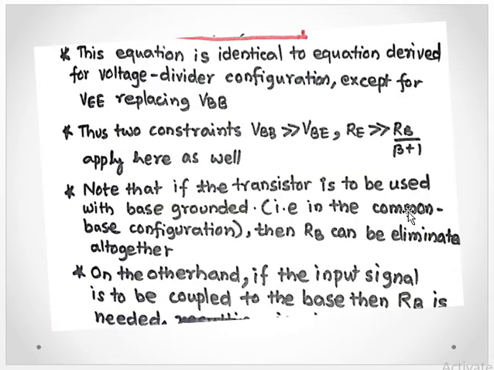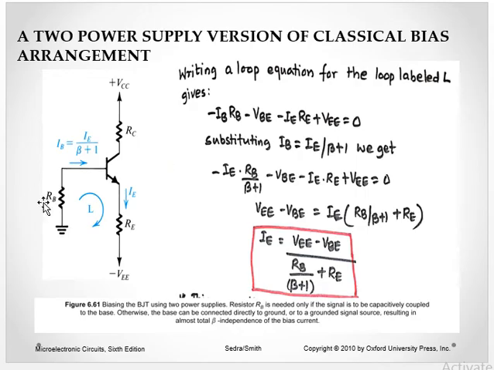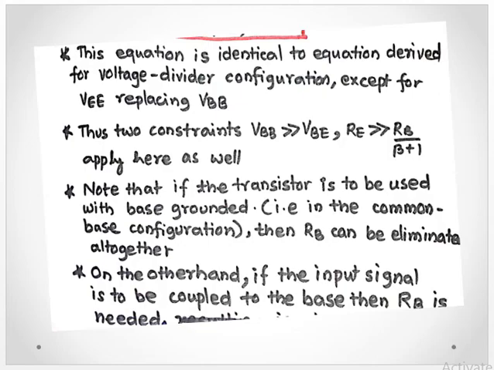Note that if the transistor is to be biased with the base grounded, that is in the common base configuration, then RB can be eliminated altogether; directly you can connect the base to ground.